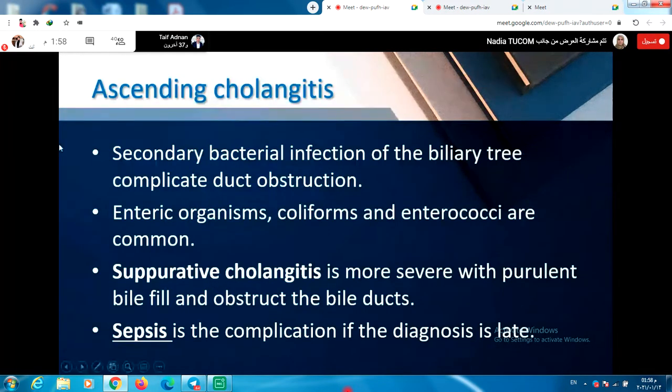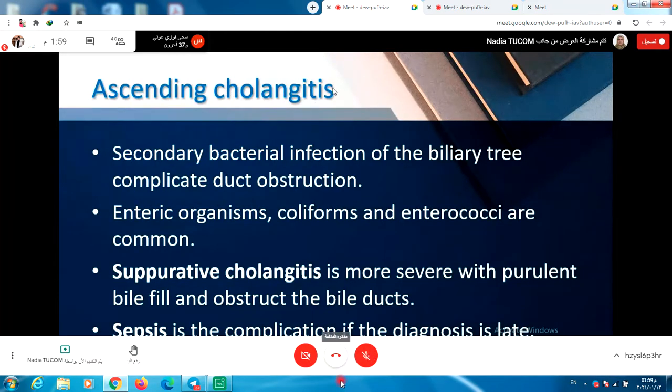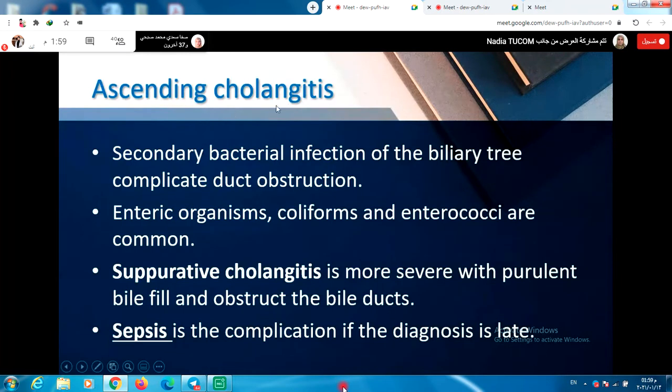A term called ascending cholangitis. Cholecystitis is inflammation of the gallbladder. Cholangitis is inflammation of the intrahepatic biliary passages.